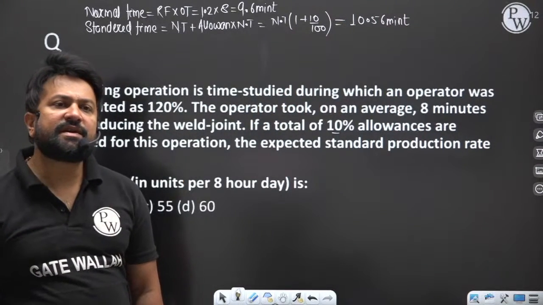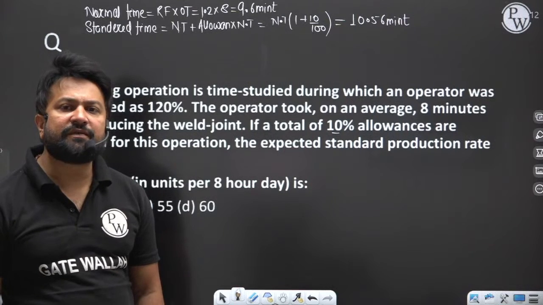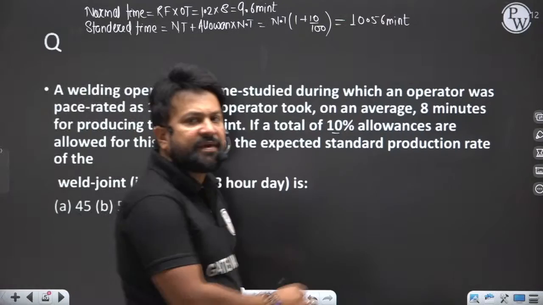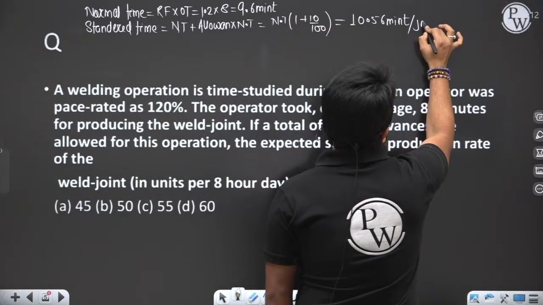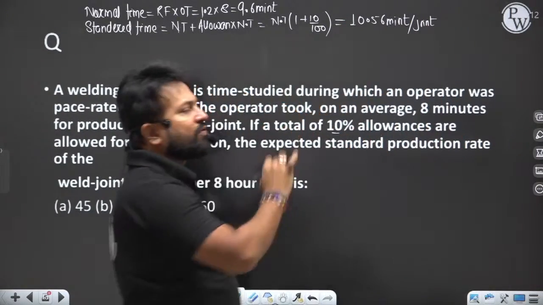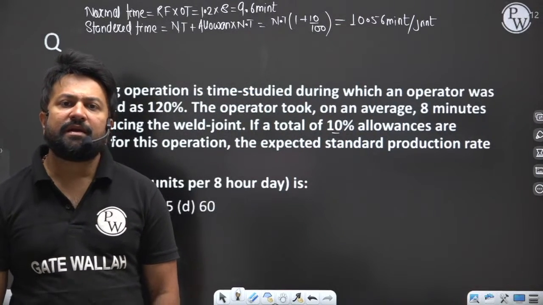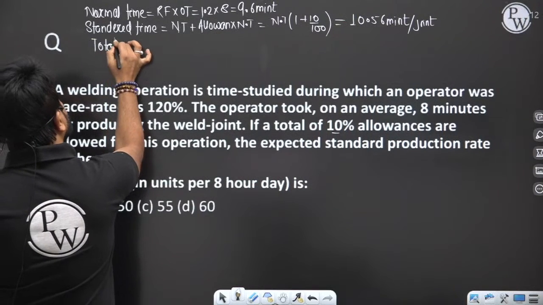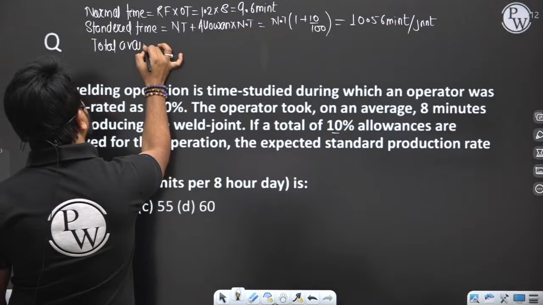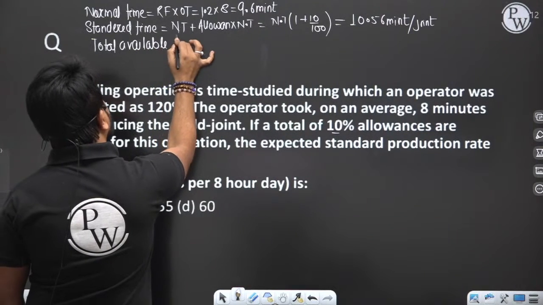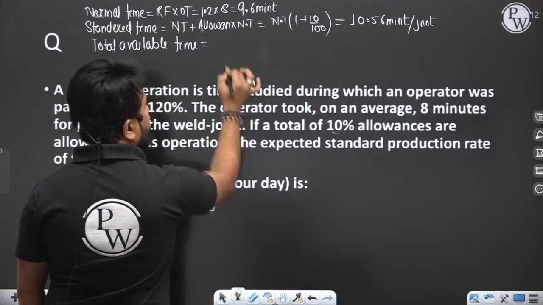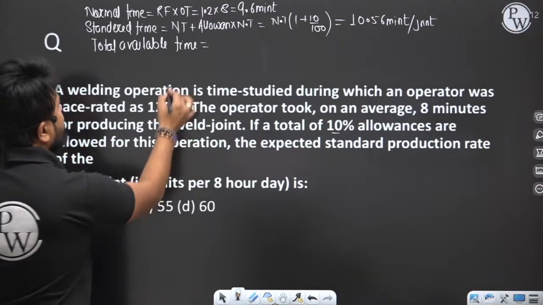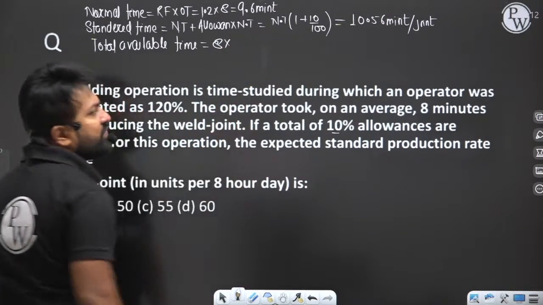So this is the time we are going to give to produce one joint in the welding operation. Now the total available time: the working hour is 8 hours.